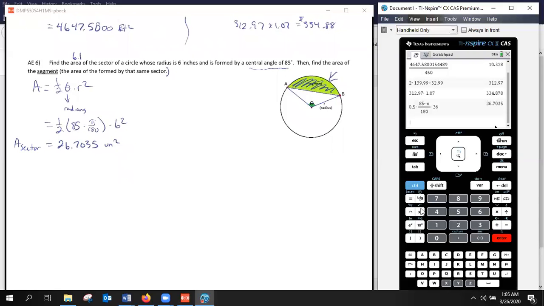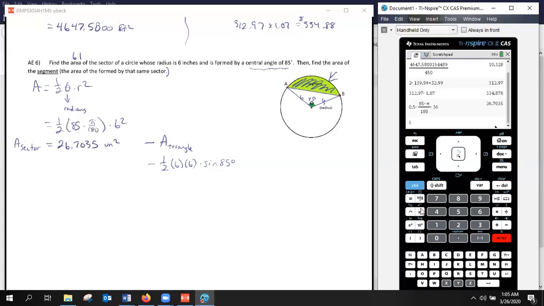We are going to subtract out the area of the triangle, and we are going to be left with what we call the segment of the circle. Now, what kind of triangle do we have here? We know both radii are 6, and we know the central angle is 85 degrees. So let's subtract out 1/2 a times b times sine, which is 6 times 6 times the sine of 85 degrees.